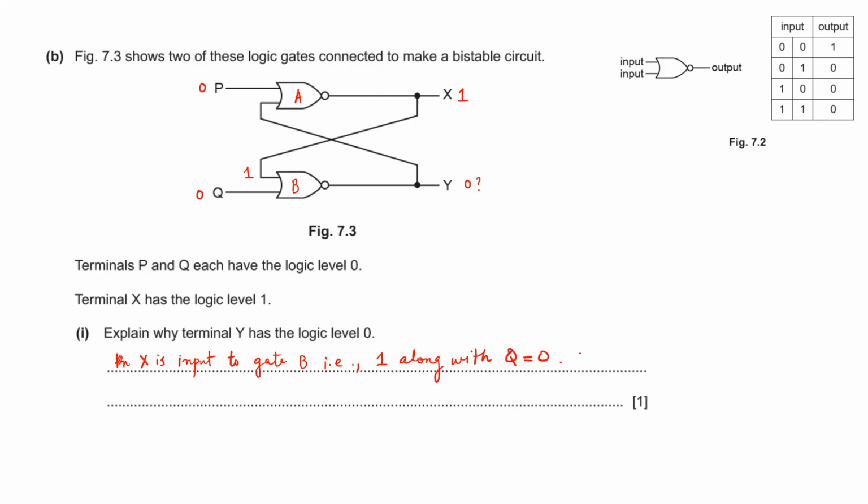So, using the truth table for the NOR gate, the output Y is equal to 0. We can see that if any of the inputs is 1, the output will be 0. So that is what is happening over here.